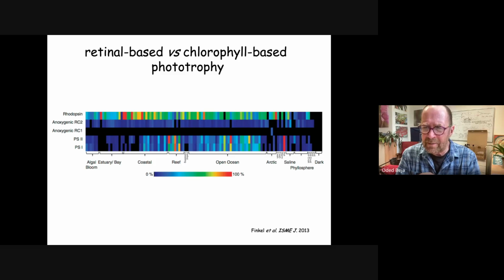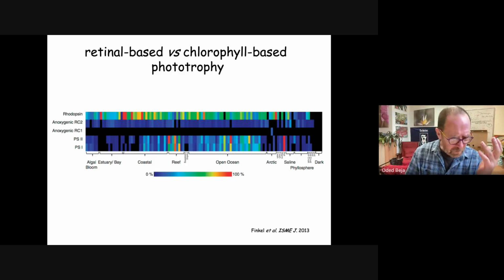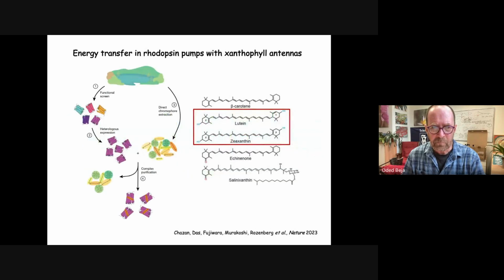And actually, until 2022, we failed. We couldn't say that those rhodopsins do have an antenna. So we needed to think out of the box in order to answer whether those 70% have the capability to harvest light using light harvesting complexes.